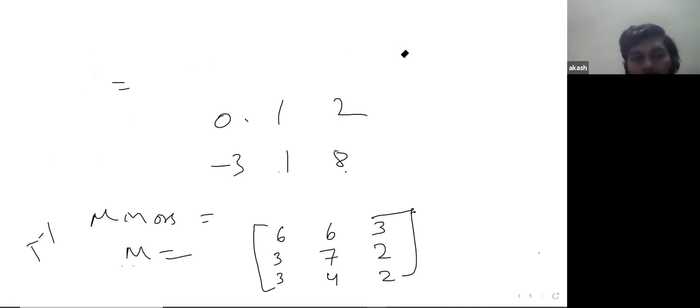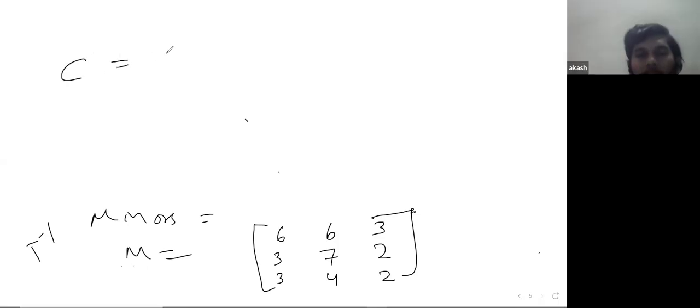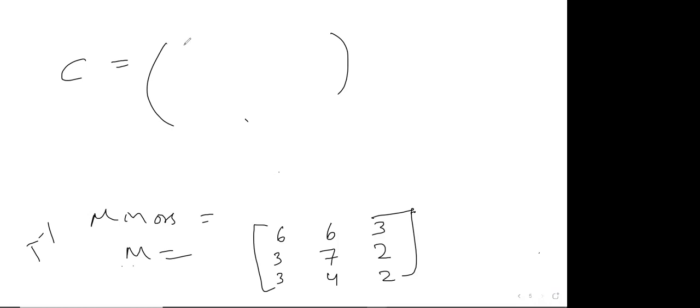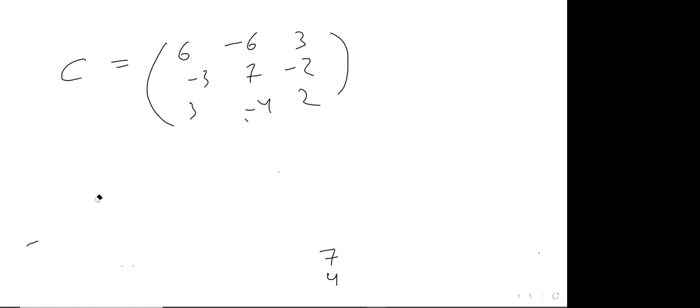Next is, what is the next step? To put the minus sign. Yeah, this is called the cofactor matrix. Finding the cofactor matrix. The cofactor matrix would be, tell me the answer. 6 minus 6, 3 minus 3, 7 minus 2, 3 minus 4 and 2. Yeah, right. Now the next step. To transpose it. Yeah, right. C transpose.